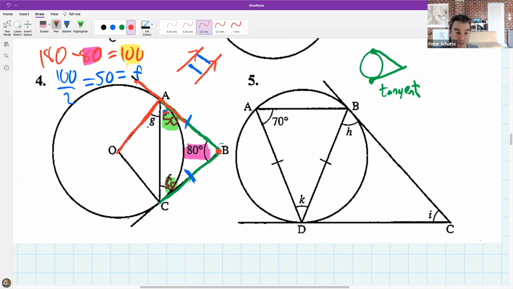I agree with you. So what does G have to be then? Let me calculate a little bit. Cool. I think you're onto it though. It's sort of hiding from us. But when you think about it, is there a tangent? Is there a radius? Yes. So it must be 90. It's just on the top.